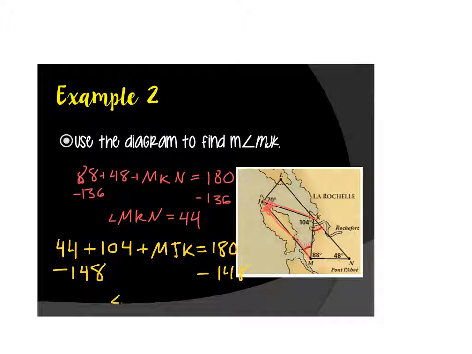Subtract 148 from both sides. Angle MJK is equal to, what's 180 minus 148? 32. So MJK is equal to 32 degrees.